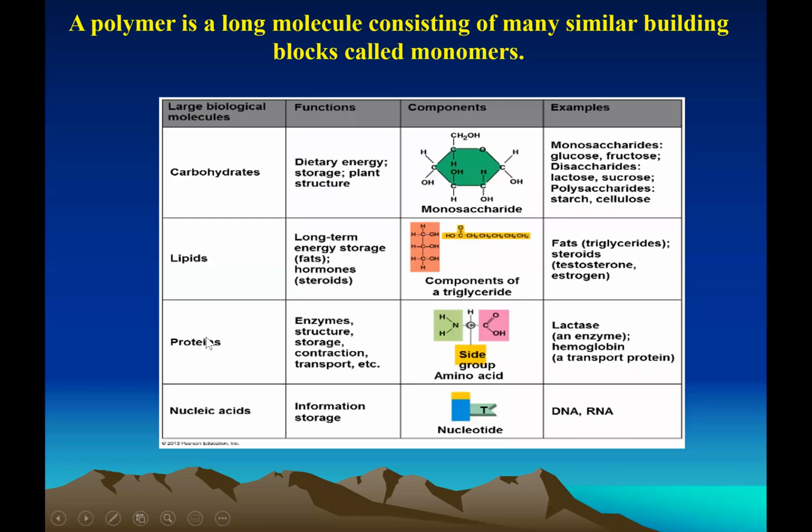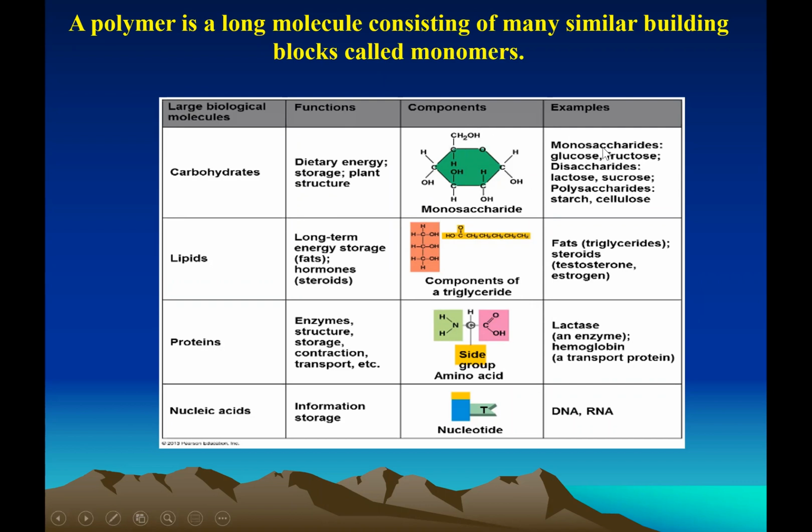So all these are large biological molecules with a carbon skeleton. So they are called polymers. Poly means more than one. Mer is molecule. So a polymer is a long molecule made up of monomers, that is 1 unit. So here's an example of carbohydrate, and here's a monosaccharide, 1 sugar, like glucose, fructose.